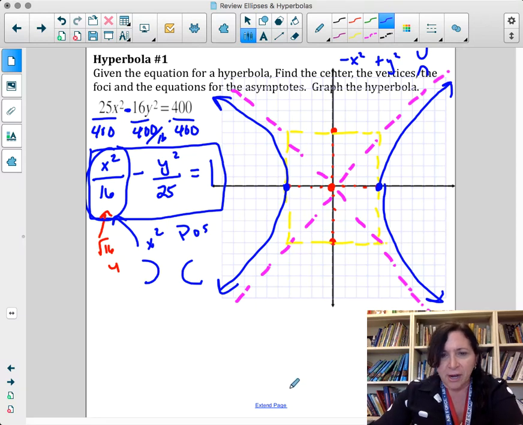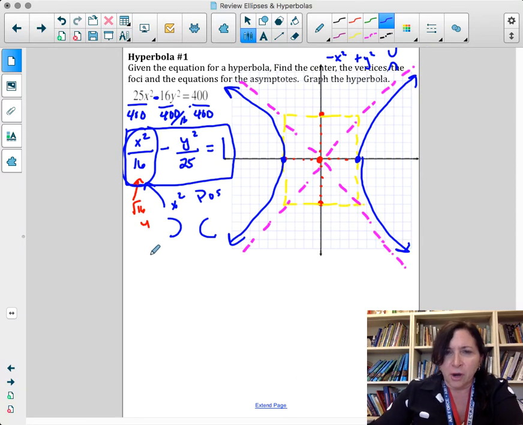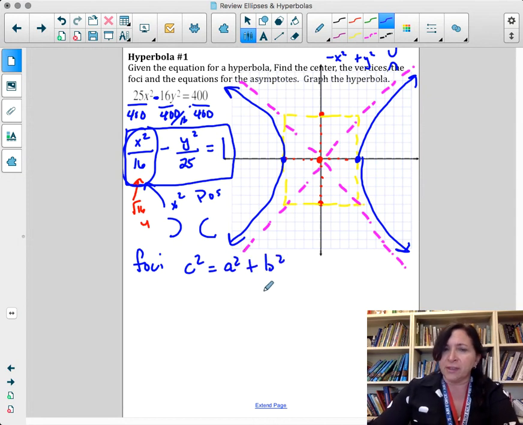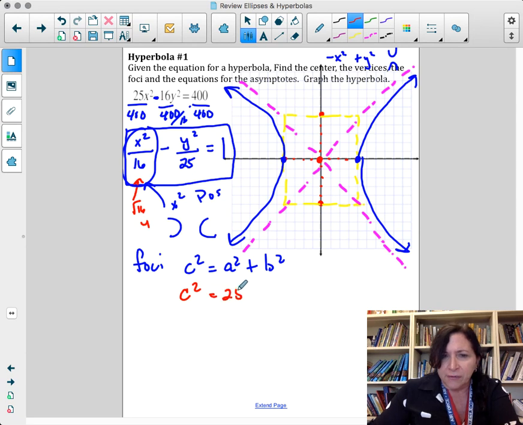A couple of other things. We still need to find our focal points, so we are going to find the foci. Foci are at c squared equals a squared plus b squared. Now this is different than an ellipse, because in an ellipse you're subtracting. So c squared is equal to 25 plus 16, and 25 plus 16 is 41.